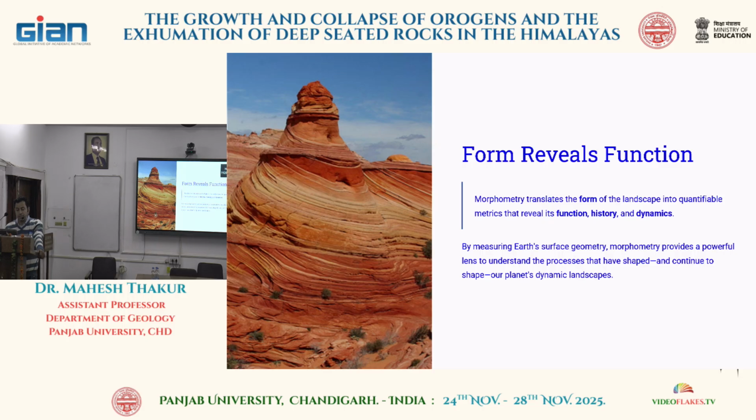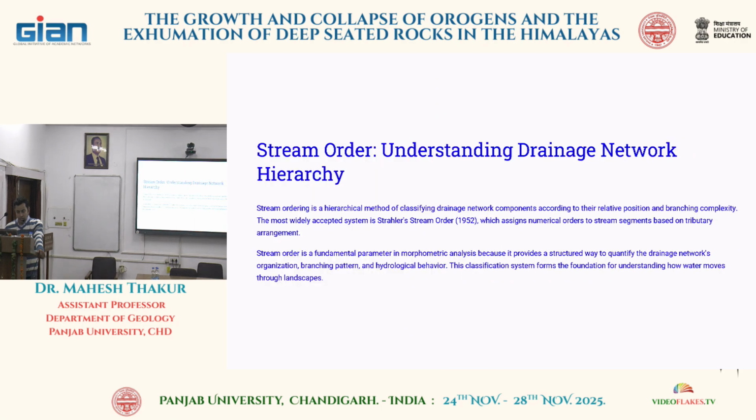So we need some kind of a tool with which we can quantify these values. Stream order: understanding drainage network hierarchy. Stream order is a hierarchical method of classifying drainage network components according to their relative position and branching complexity.